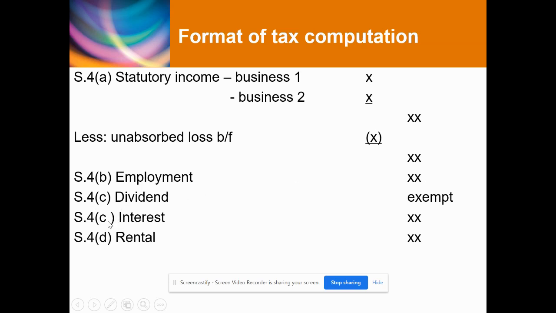Then sections 4C and 4D. For the employment income, the dividend is exempted, so you can just ignore the dividend part. The interest, some are not exempted. And also total income from rental, and the last one is from royalties and others.